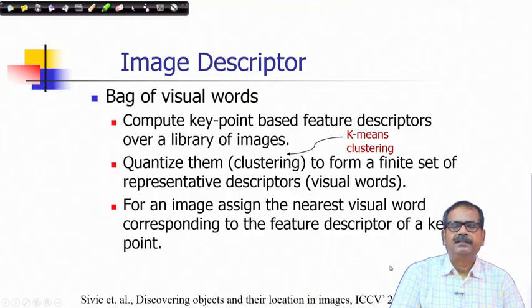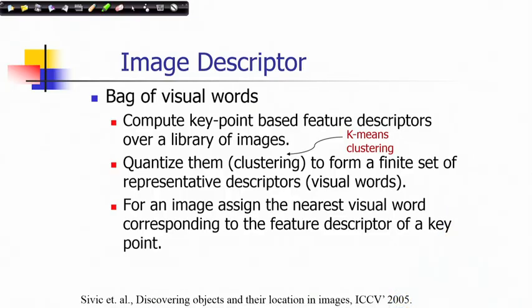Next, now your dictionary is prepared. Now, you consider any image, and for that image you compute its key points and consider a descriptor of each key point, and then you find out which is the nearest visual word corresponding to that feature descriptor, and then that descriptor is associated with that word.